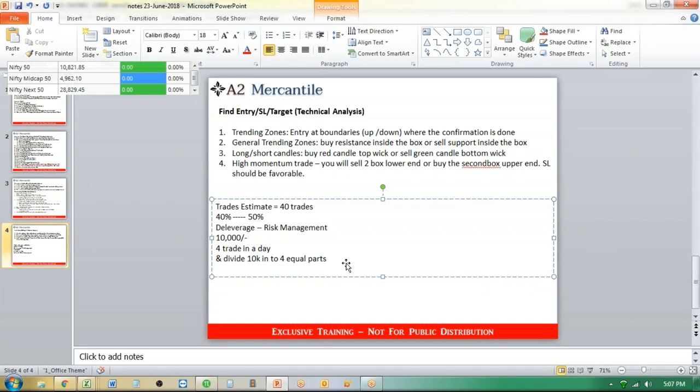And even if you are wrong with 40 trades, say out of 40 trades, if you're wrong with 20 trades and correct with only 20, or maybe even less than that, say 25 are wrong and only 15 are correct, still you will make a lot of money.